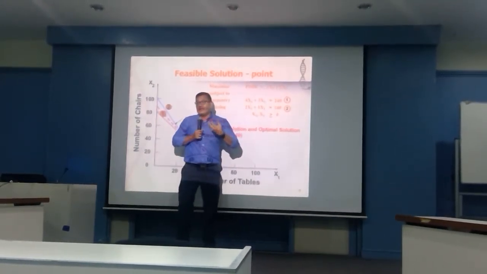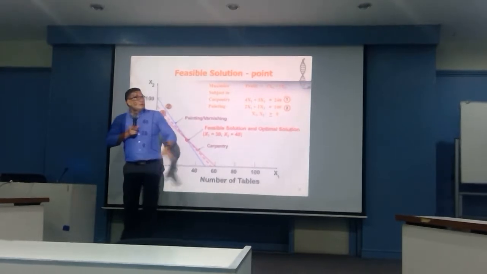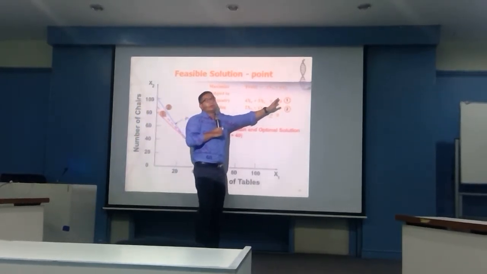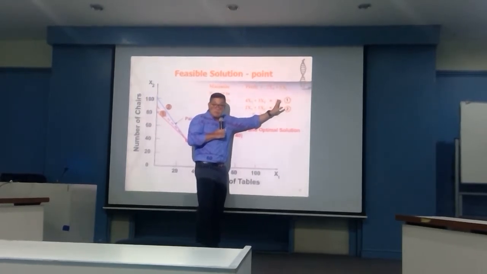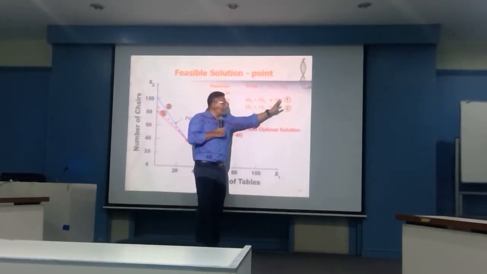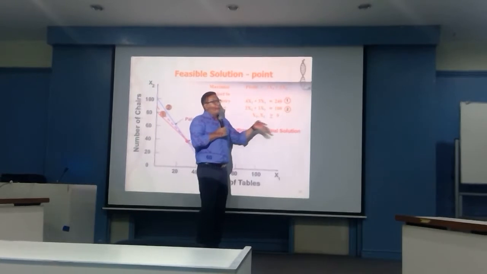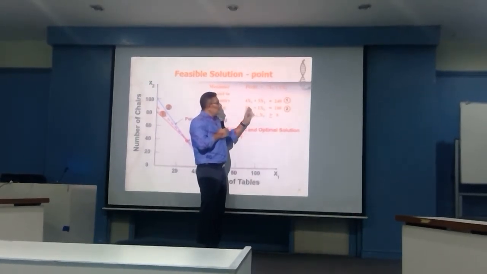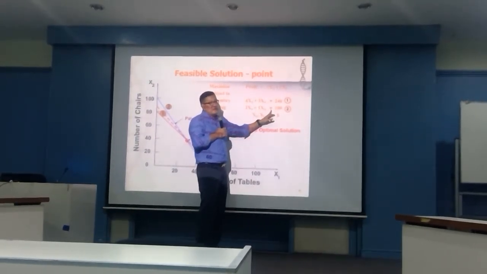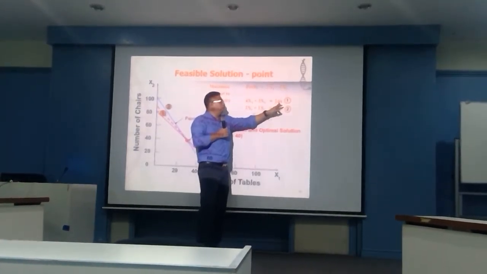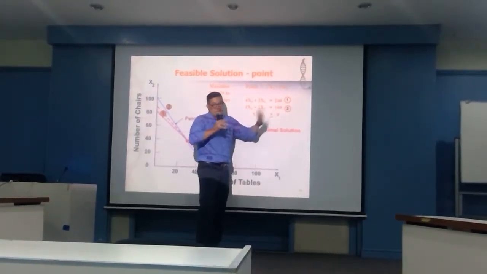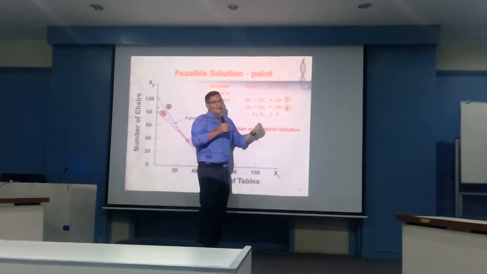So it means that you can use up to this available carpentry hour and painting hour, but you cannot use more than this one. But you can use less than this one. But in this case, if the constraint is the equal sign here, it means that you need to use exactly 40 and 100. Use all of it, right?